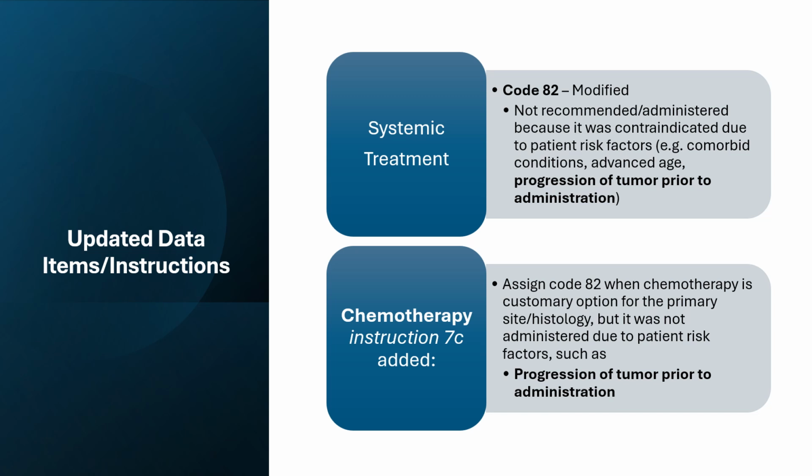These do align with the STORE 2024 manual. So again, code 82 for systemic treatment has been modified. It now also lists that it was not recommended or administered due to risk factors, and one of those would be progression of tumor prior to receiving the treatment, and that's why they didn't receive the treatment, code 82.